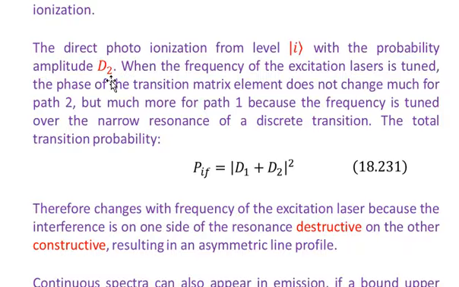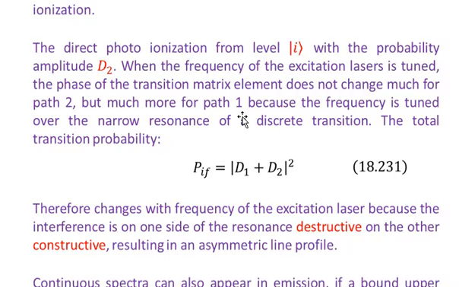When the frequency of the excitation laser is tuned, the phase of the transition matrix elements does not change much for path 2, because path 2 consists of a band of frequencies. You may consider it a continuous band of frequencies. So a very high precision of laser tuning is not required, but much more is needed for path 1.